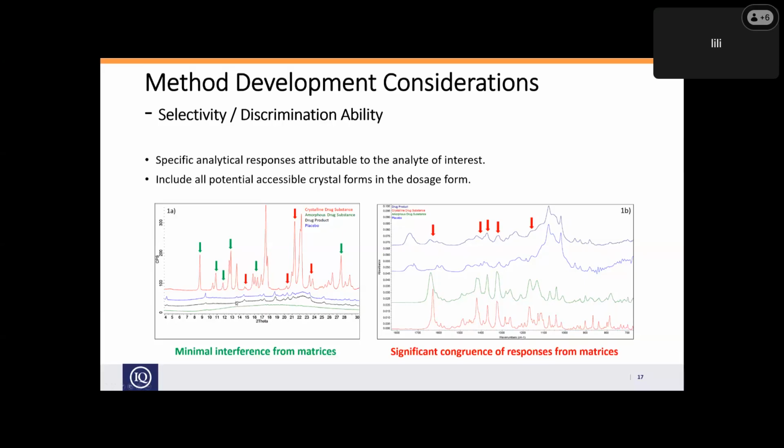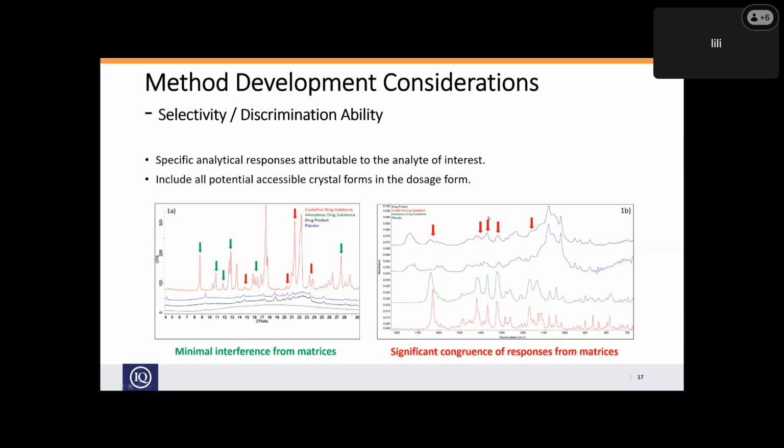So these peaks are good to use for crystallinity characterization. While the peaks marked by the red arrows have significant overlap with the drug product matrix and would not be good signals to use for crystallinity analysis.